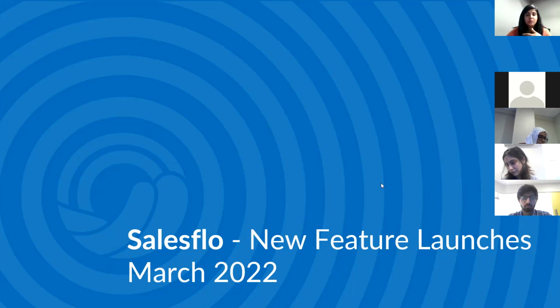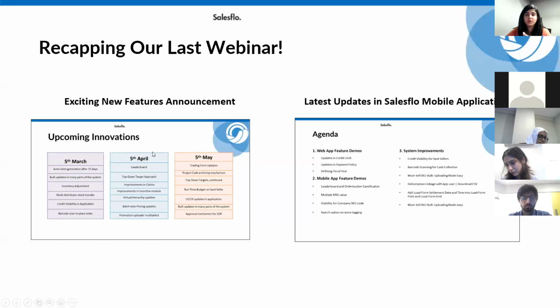As a brief recap, in our last webinar we announced some exciting new features and showed our sprint plans for the 3-month innovation plan that we had decided. There were 3 categories: web feature, mobile application feature, and system improvement. We'll follow the same pattern in this webinar as well.